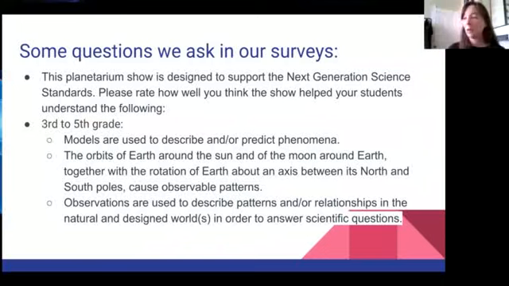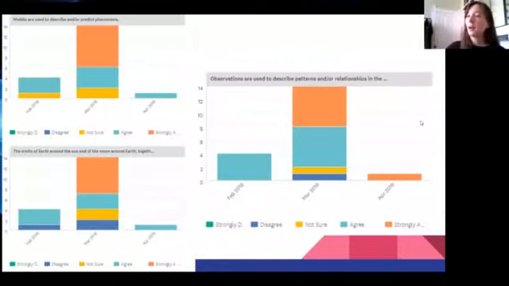We've gotten some mixed responses here and there, but overall it's been pretty positive. Overall, we have strongly agree that they are following the standards we are trying to hit.